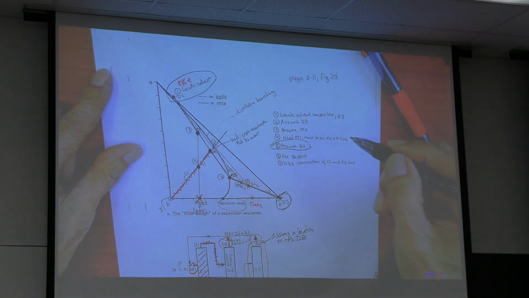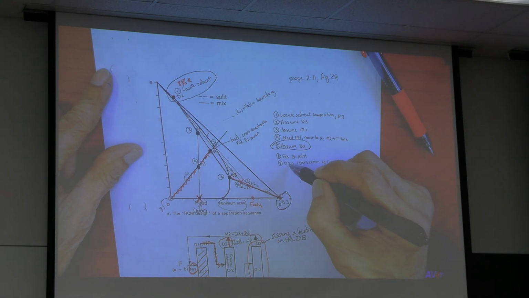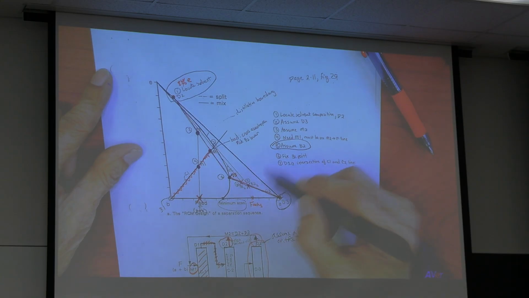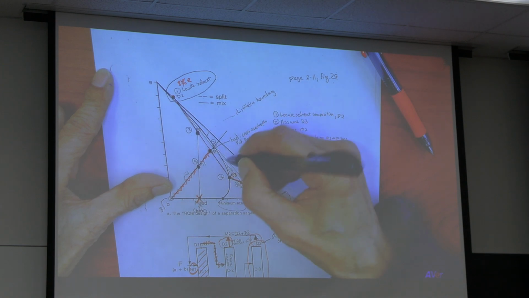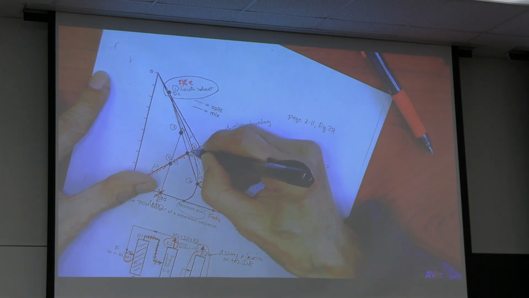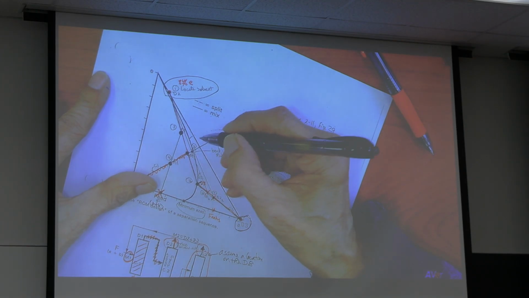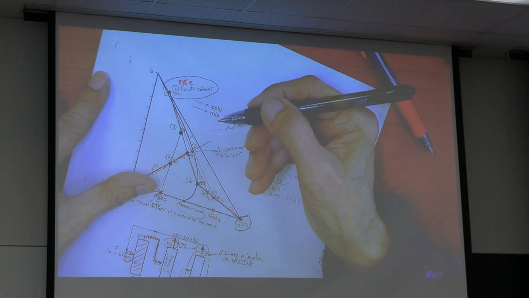Assume B2. D1, okay, B2. This D1 in the middle is on the left of the distillation boundary, okay?